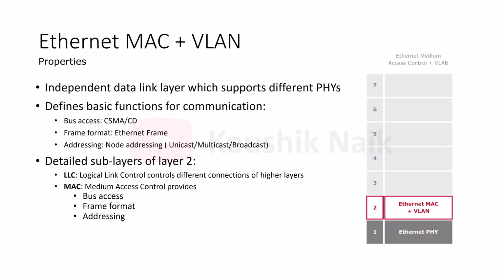It is also responsible for creating an Ethernet frame which must have all the headers as we discussed before. It is also responsible for stating the type of node addressing. It can be a unicast, multicast or broadcast message. There are certain values of MAC addresses which help decide the node addressing.